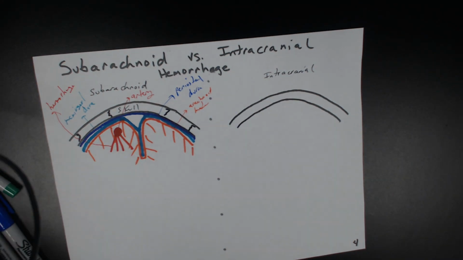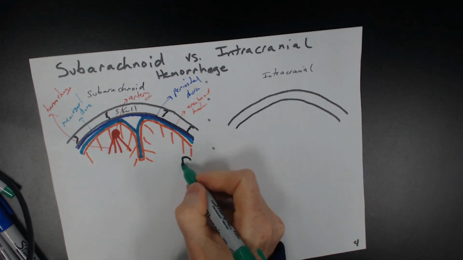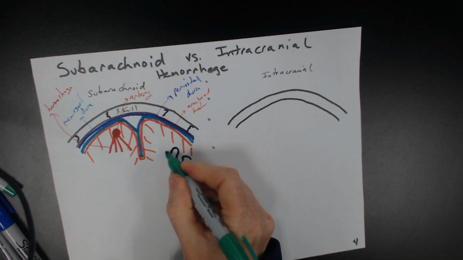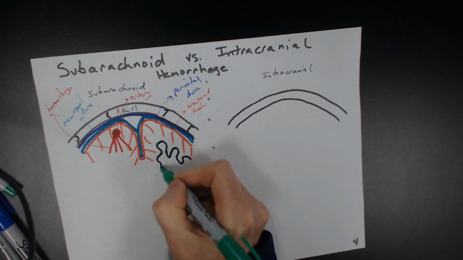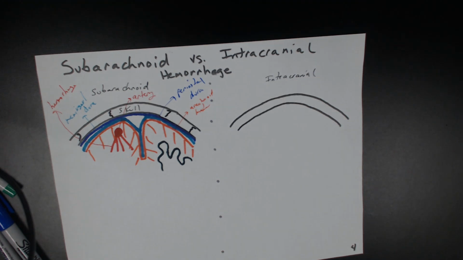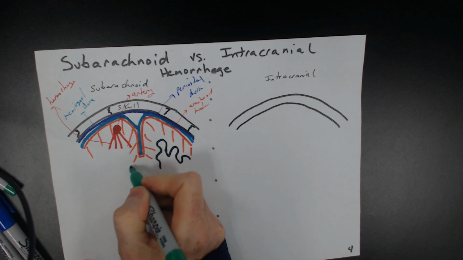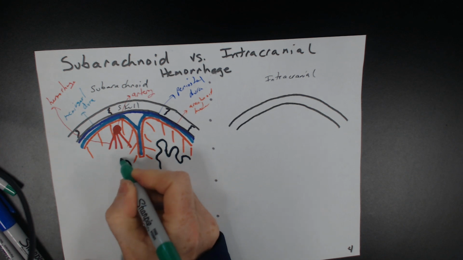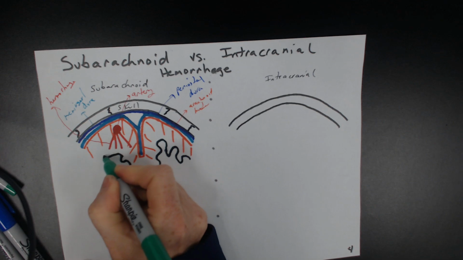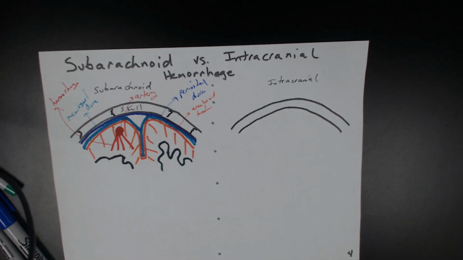And on the right-hand side, it's a normal situation where you'd have the normal pia matter tightly adhered to all the sulci and gyri of the brain. Whereas on the left side, if you start to have that blood pooling in the subarachnoid space, you get some compression of the brain and pia matter.